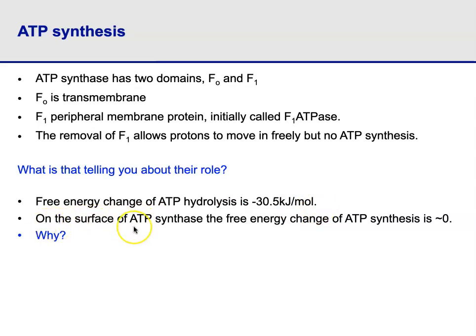However, on the surface of ATP synthase, the free energy change of ATP synthesis is about 0. Isn't that interesting? Why is that the case? Why do we report this number while the energy of ATP synthesis at the surface of the enzyme is about 0?